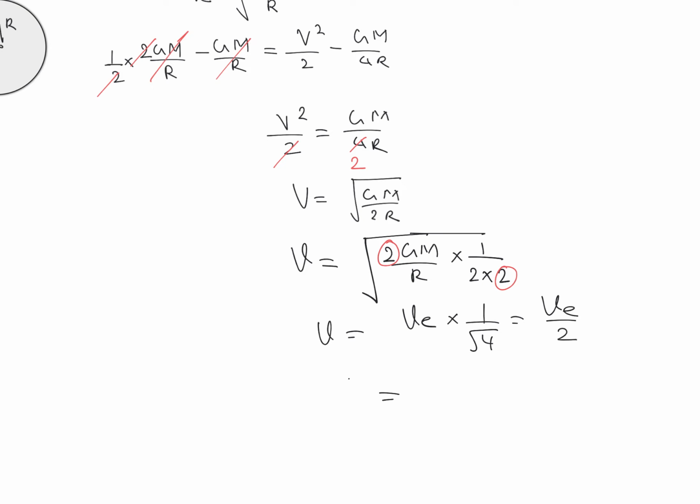So 11.2 km per second divided by 2 gives the value of velocity at that height, which is around 5.6 km per second.